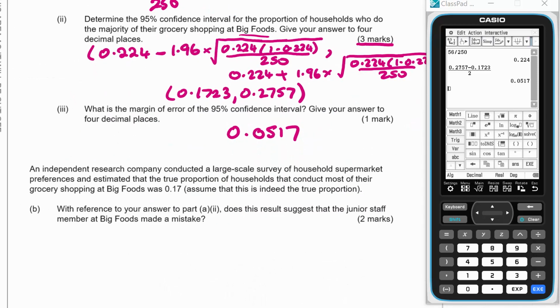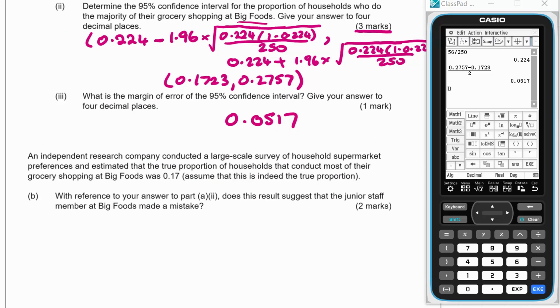An independent research company conducted a large-scale survey of household supermarket preferences and estimated the true proportion of households that conduct most of their grocery shopping at Big Foods was 0.17. Assume that this is indeed the true proportion. With reference to your answer to part A2, does this result suggest the junior staff member at Big Foods made a mistake?